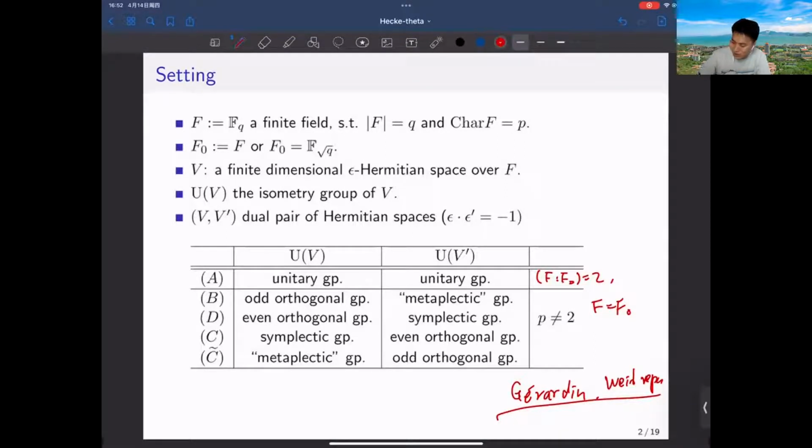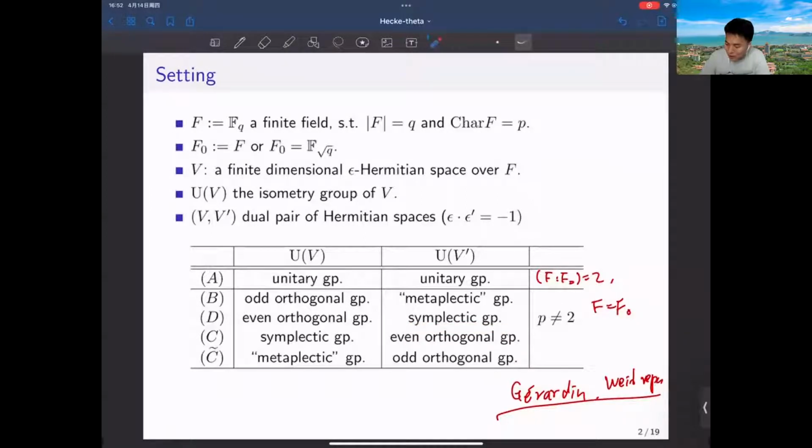Okay, the other cases are the type B case. Basically, in this case, V is an odd-dimensional vector space with a quadratic form, and I should put the symplectic group for U(V prime). However, for a certain reason, I would like to pretend it's a metaplectic group. In the type D case, there is an even orthogonal group, which is paired with the symplectic group.